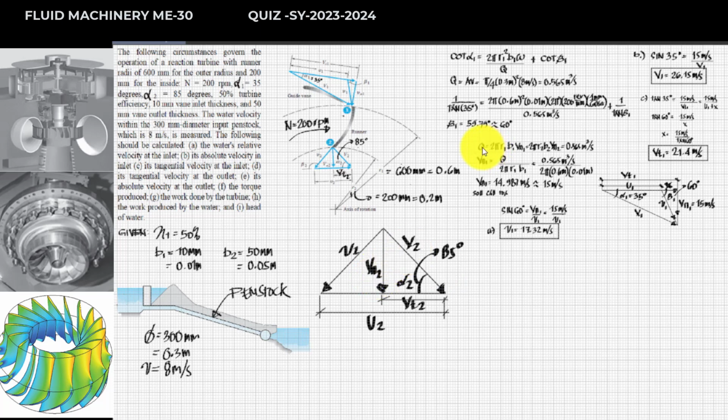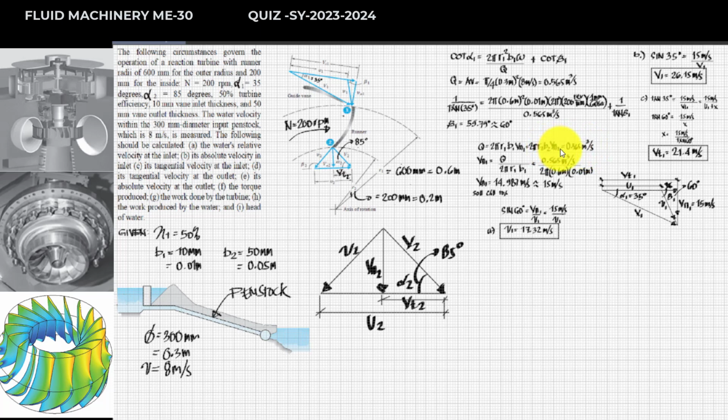Now, remembering from the previous equation, we have the volume flow rate. This is 2 pi radius 1, which is also equal to the volume flow rate at the outlet, which is 2 pi radius 2, thickness of the vane 2, and the normal velocity 2, and that is equal to 0.565 in terms of cubic meter per second.